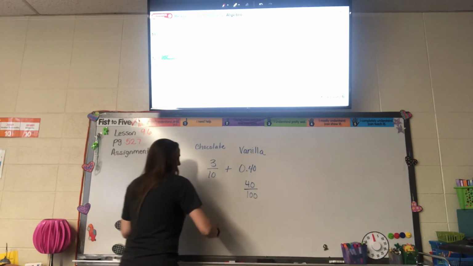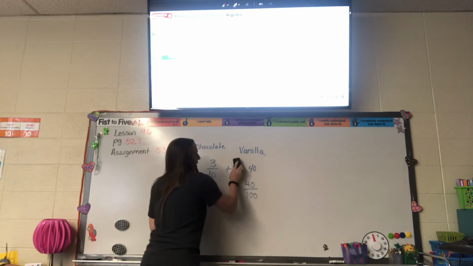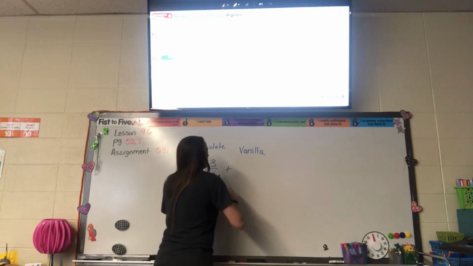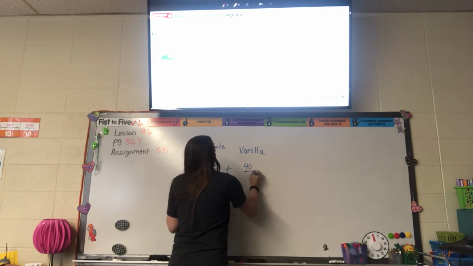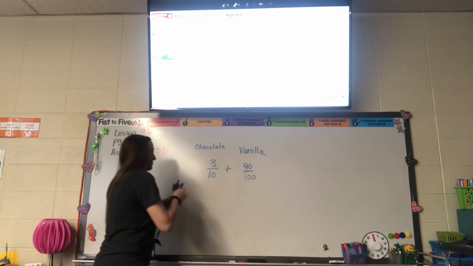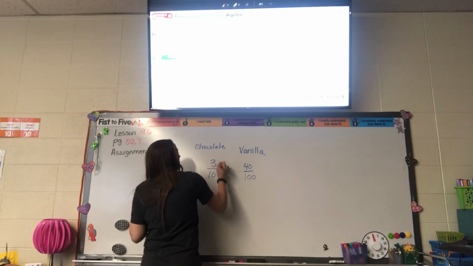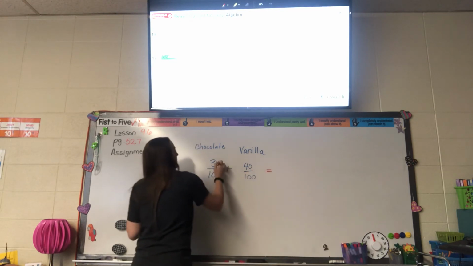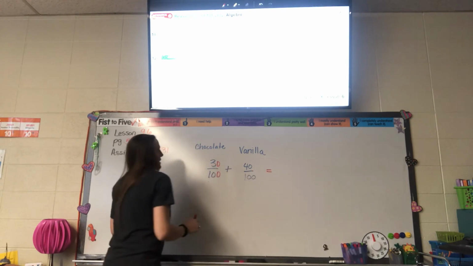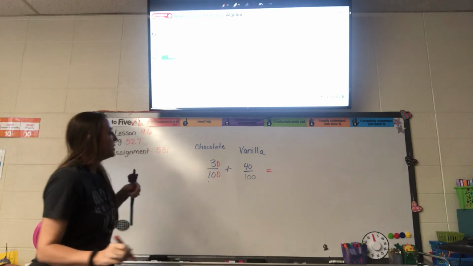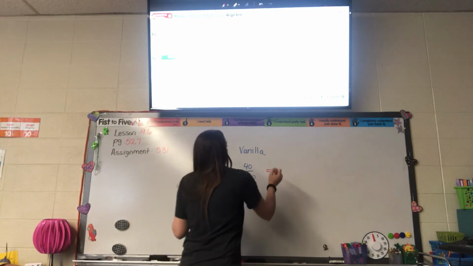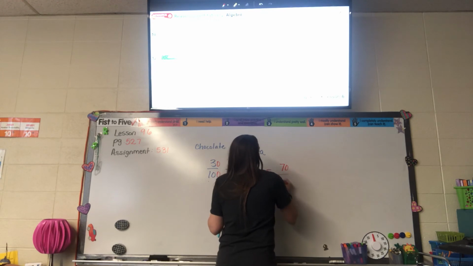I'm going to get rid of this decimal, and just write it like this, 40 hundredths. Okay, and then I know to add these two fractions together, I got to put my zeros there. So 40 hundredths plus 30 hundredths is 70 hundredths.